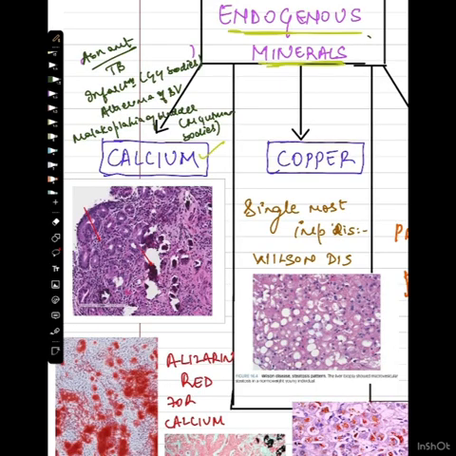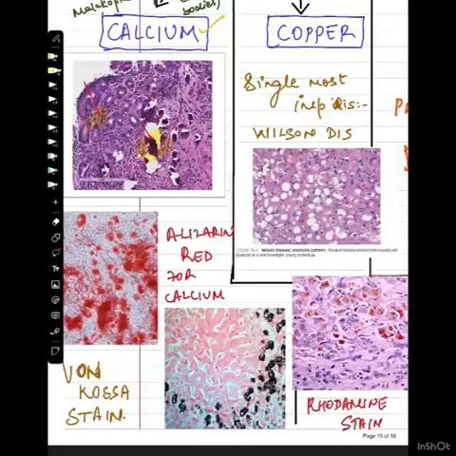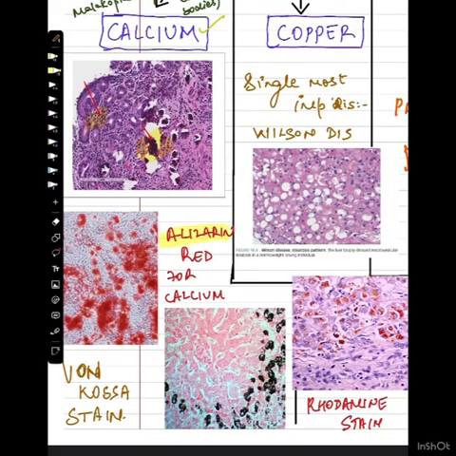As you can see here, abnormal deposits of calcium or calcification is highlighted here. This calcium can be stained with a stain called alizarin red, as it is seen here.